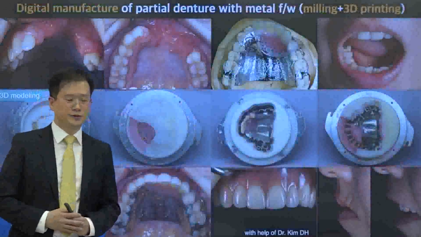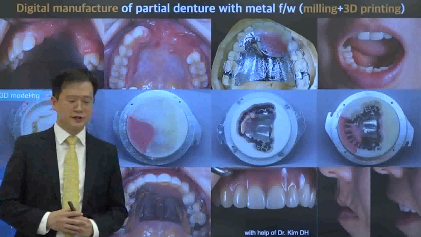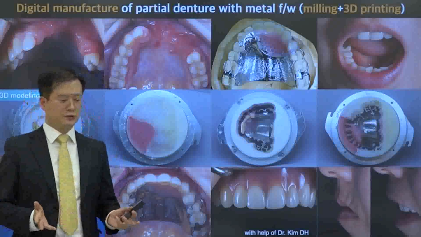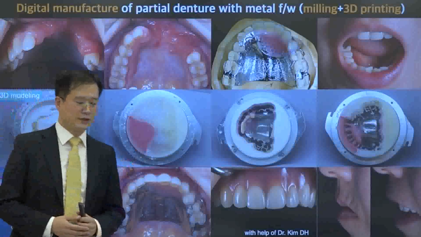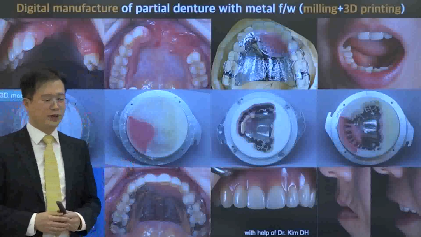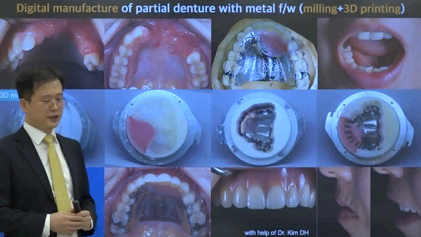Can we do more? We have a metal framework from the previous slide, and denture teeth from the company. What do we need for completing this case? Yes, we need a flask. We fabricated it by 3D printing, and then we processed it, built it, and finished it up.